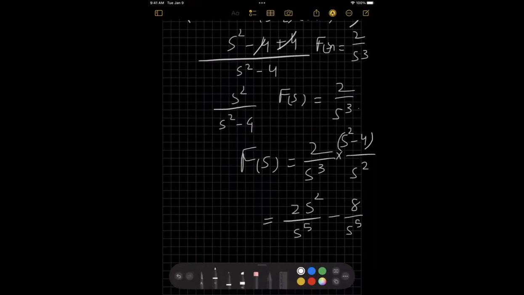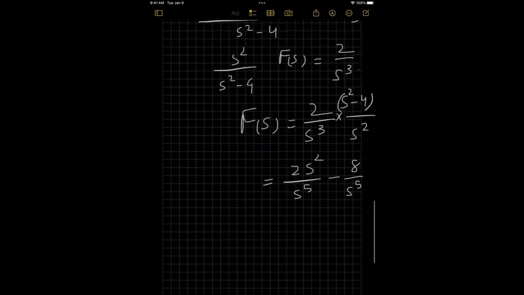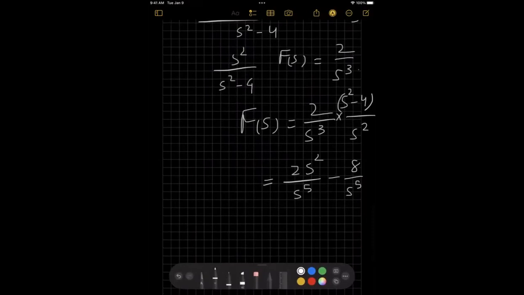So you can solve it now, or I should go on. Okay, someone said, let me finish this one. So f of t equals Laplace inverse. 2 is common to take out. So we have 1 over s cube minus 4 over s to the 5.